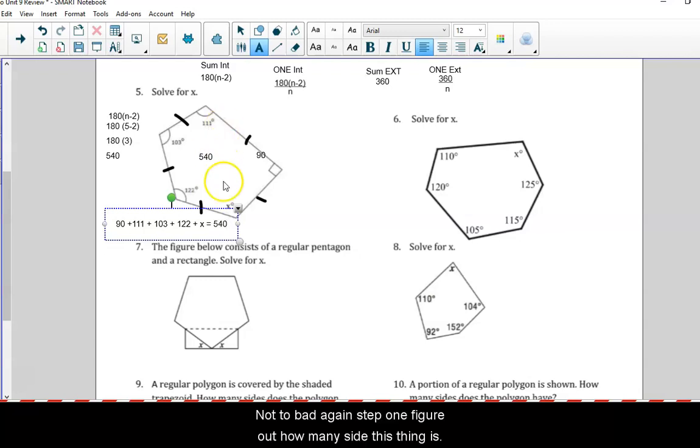Not too bad. Again, step 1, figure out how many sides this thing has. Step 2, punch it in the formula, get that number. Then add up all of the inside angles and solve for x.